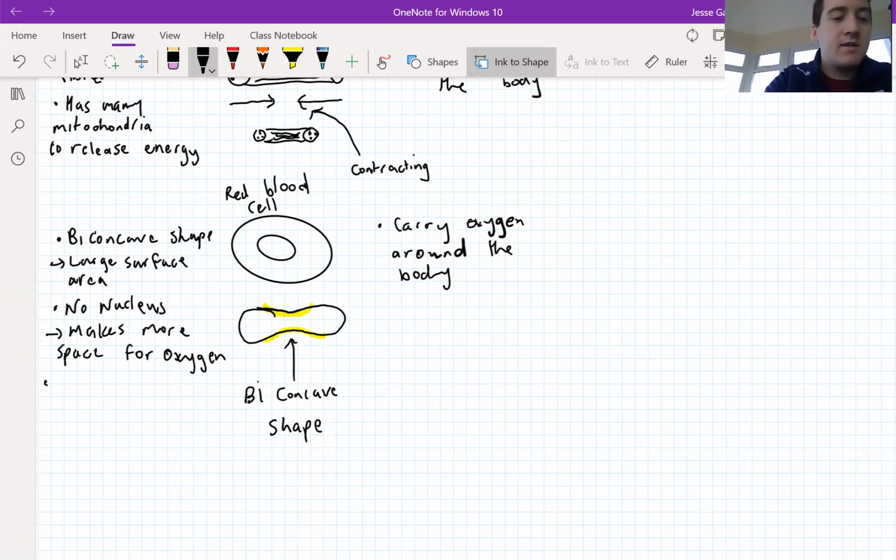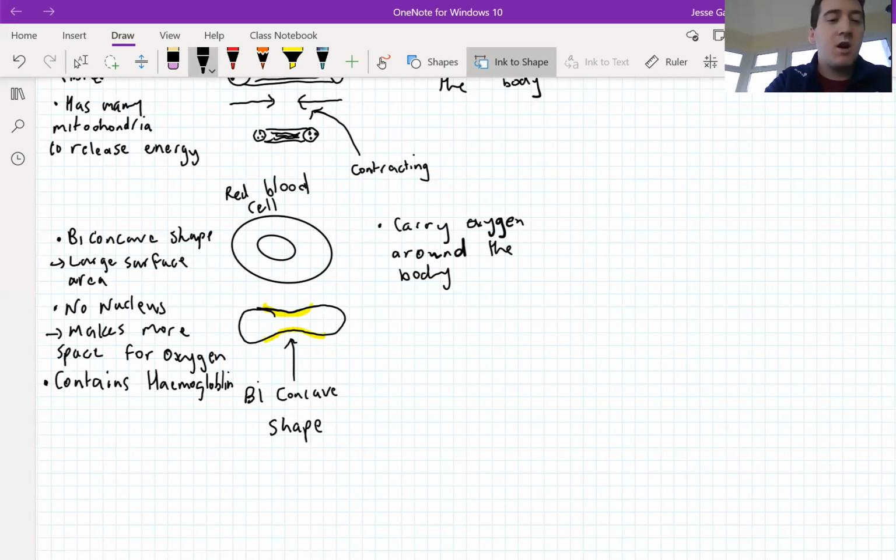It also contains a chemical called hemoglobin. Now, that chemical is quite complicated, and I'm not going to tell you what it's made of because that's a little bit too advanced for us at the moment. But it's a chemical that's really good at grabbing oxygen atoms or oxygen particles.